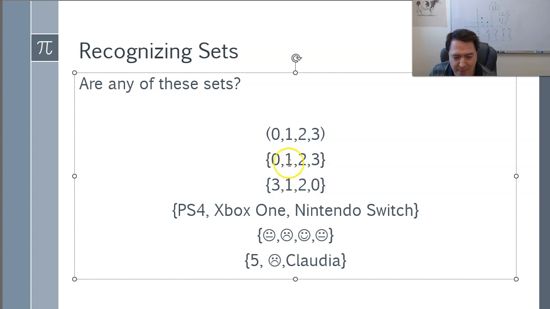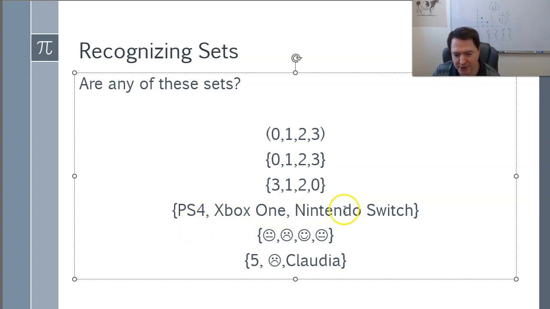So it does not matter at all what the order that we've listed things in is. It just matters, does it have the same stuff in it? In which case, it is the same set. Okay, so these are both sets. The second and third thing are both sets. And they are what's called equivalent sets because they have the same stuff in them.